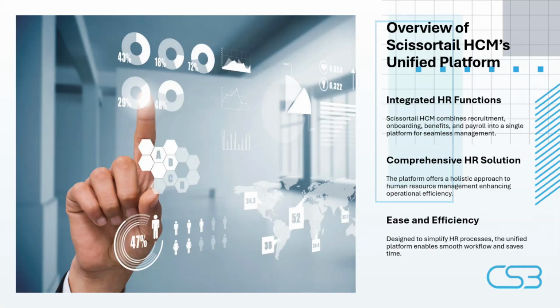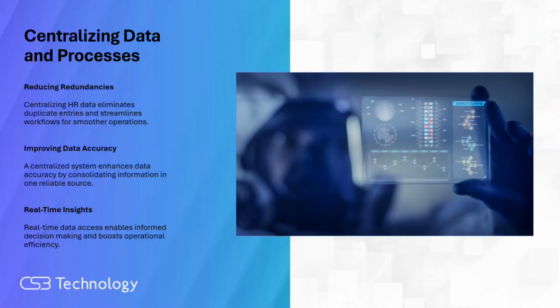There's no need to go from one system to another, no multiple logins, and thank goodness, no multiple passwords. Because of the unified platform, it creates ease and efficiency for your HR department. By centralizing the HR data and its processes, Scissortail helps reduce redundancies. It improves data accuracy and provides real-time insights.